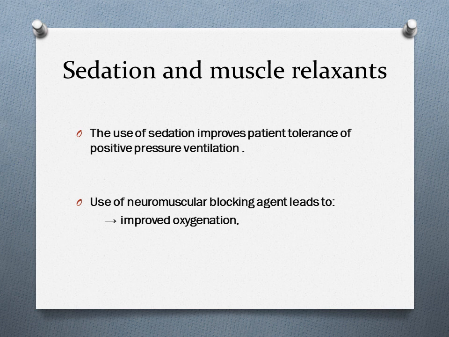But even with deep sedation, the patient still makes respiratory effort and there is still diaphragmatic activity. That's why you might need to add a neuromuscular blocking agent, such as atracurium infusion, which will improve oxygenation.